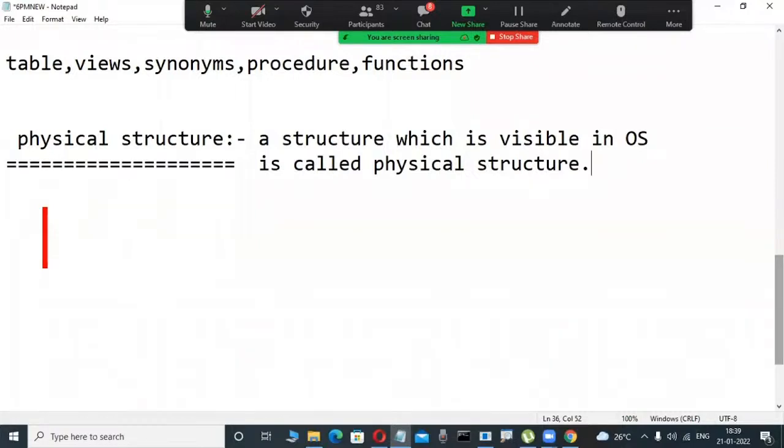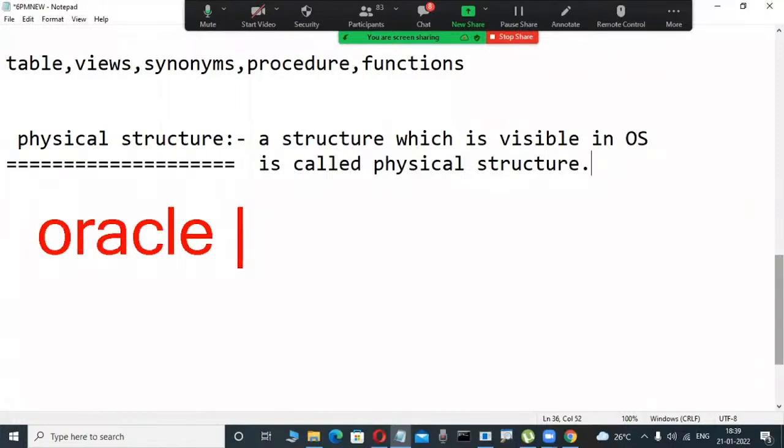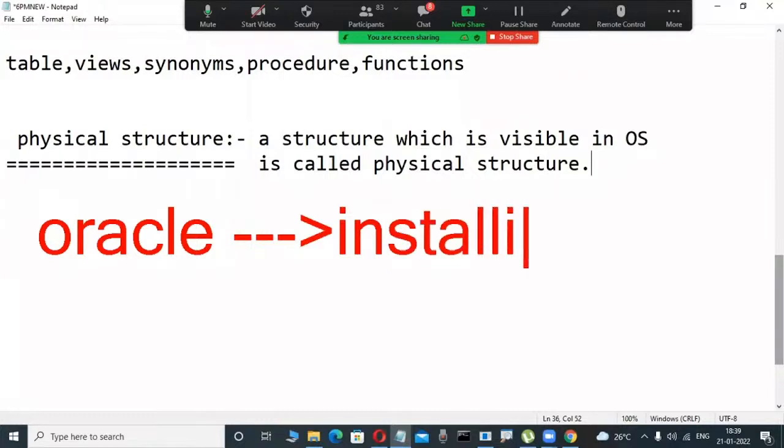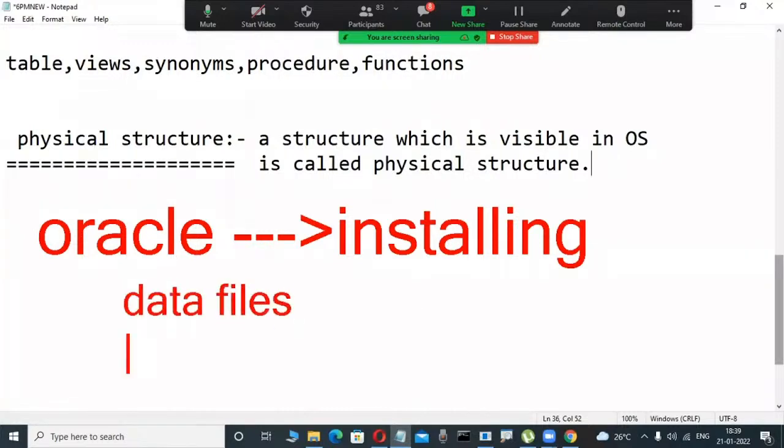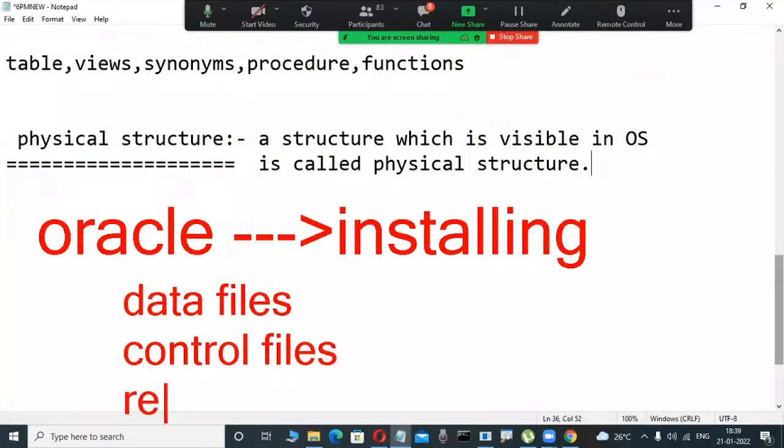Same like that, Oracle is a relational database software. MySQL, SQL Server, we are installing, for example. Whenever I'm installing Oracle, some physical files are automatically created. Data files, .dbf files, control files, and redo log files are created. You don't have an idea about these all things yet. In the future, in the DBA concept, this is just a rough introduction in our course.